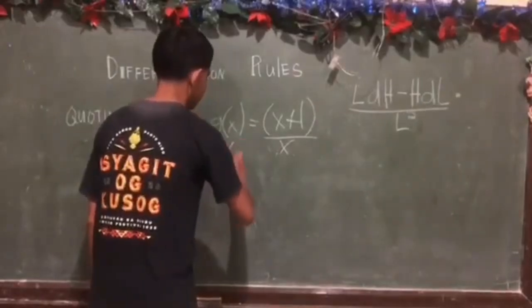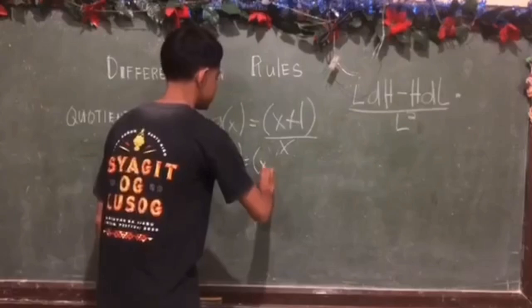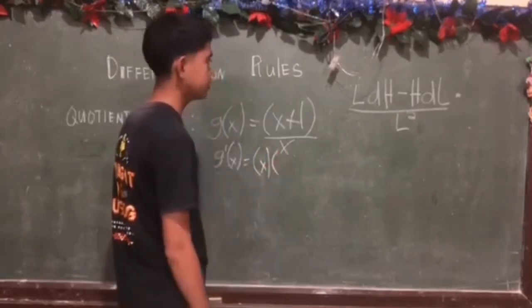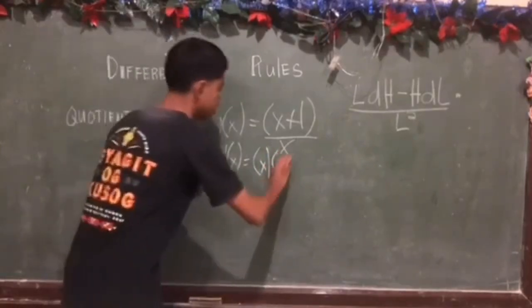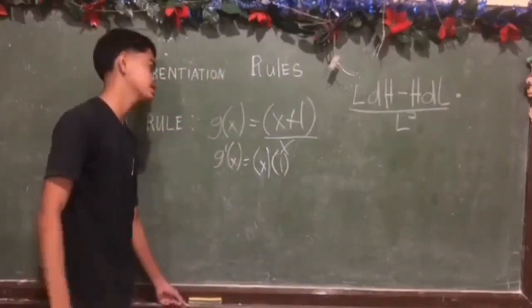g prime of x is equal to low, which is x, times the derivative of high, which is 1, because we all know that the derivative of any constant number is 0.